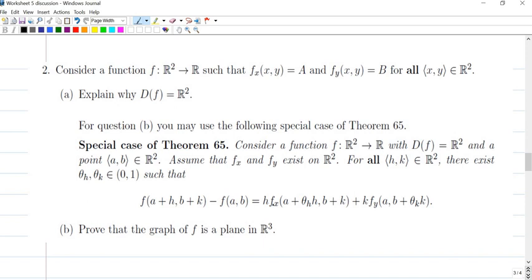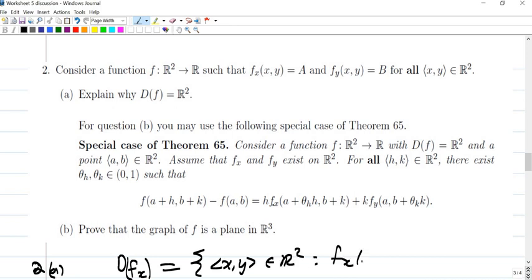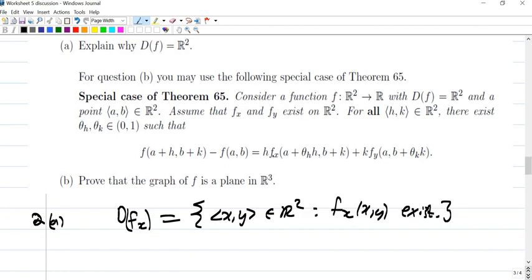Well, quickly, remember that the domain of f partial x is all of the 2D vectors such that f partial x at that point exists. So bearing that in mind, it is quite clear that the domain of f partial x should be a subset of the domain of f.